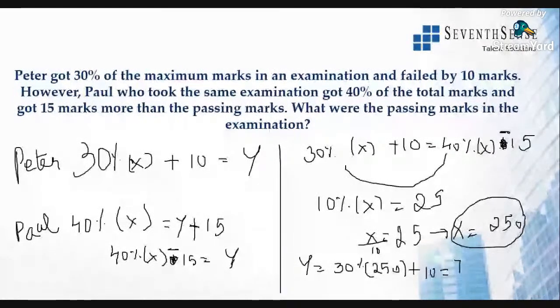So Peter got 75, plus 10 will be the passing marks, which is 85. So passing marks value is 85. The same as the previous question: just find out the total marks, then find out the passing marks. All right, clear?